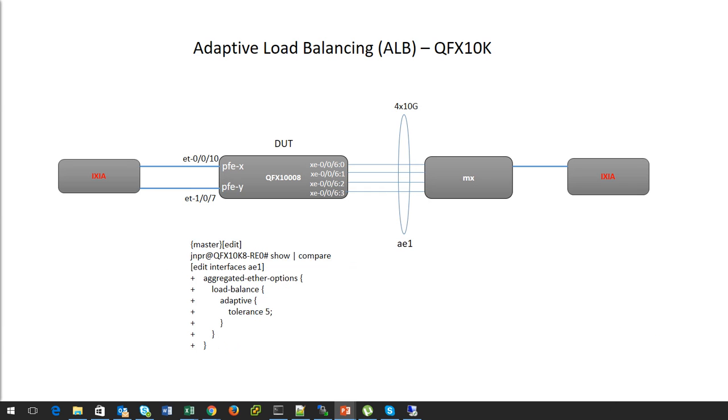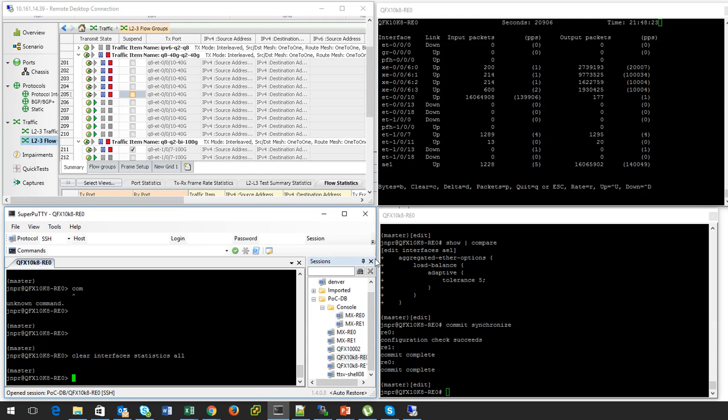So what I'm trying to say here is if we have two flows which are egressing via two different PFEs, those two flows may end up on the same member link. So let's see that situation.